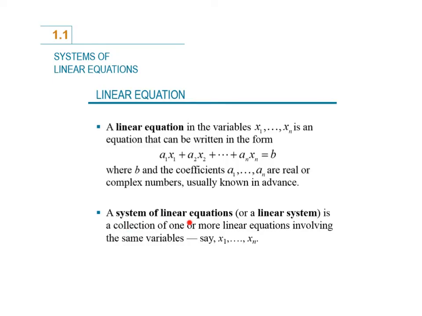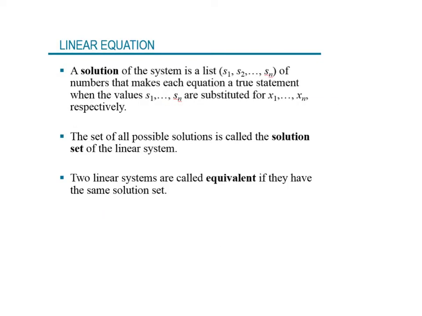equation. A system of equations is a collection of one or more linear equations involving those same variables. So system can refer to one equation, two equations, three, etc. on up. A couple more definitions here. A solution to a system is a list of values that makes each equation a true statement when those values are substituted in for our variables.